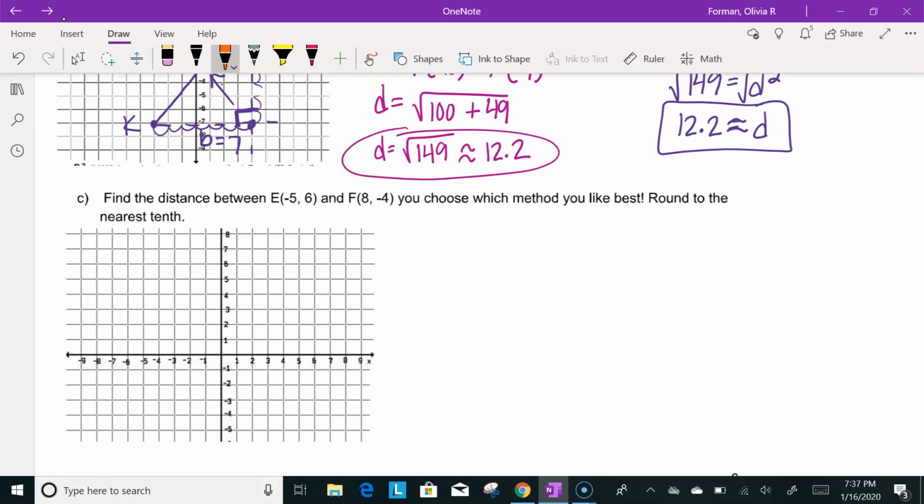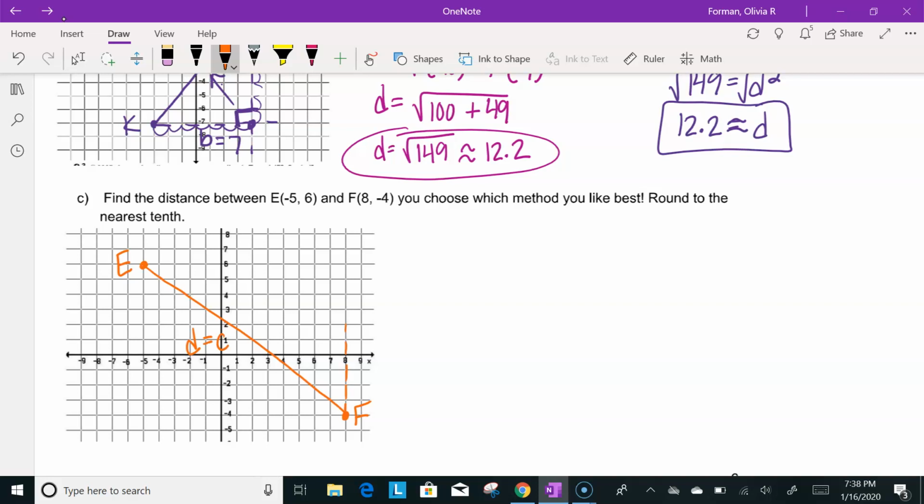So I'm going to graph at -5, 6. I'm going to put that point E, and then at 8, -4, I'm going to put that point F. And so what I ultimately want is that distance there. So that's going to be my distance or my C value.